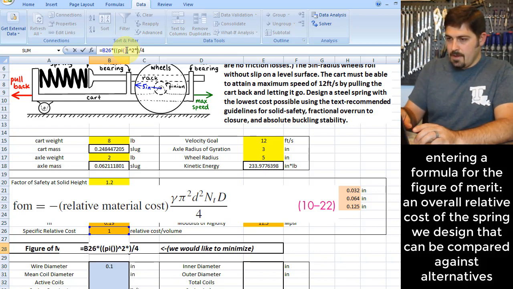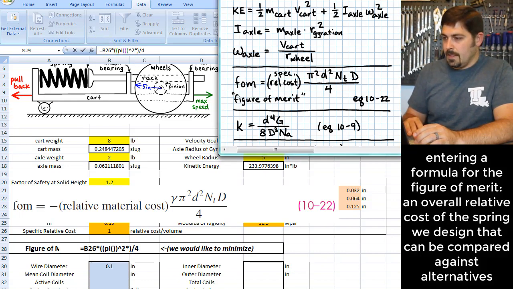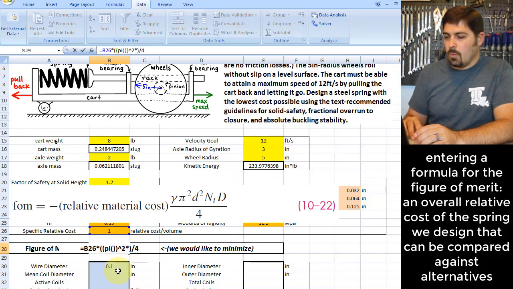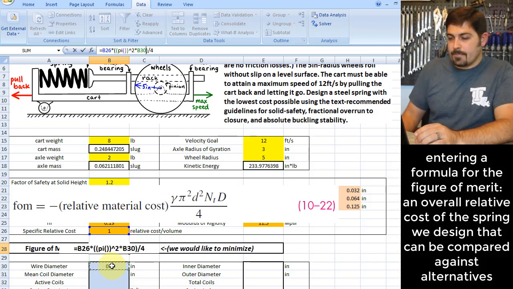I'm going to multiply that by the wire diameter squared. So that's the next term right there. I'm going to choose this value right here for the wire diameter, and then that needs to be squared.